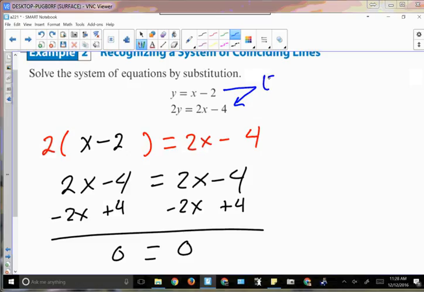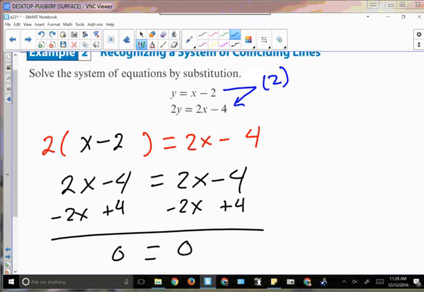Well, if I multiply everything by 2, 2 times y gives me 2y, right? x times 2 gives me 2x. 2 times 2 gives me the 4. So it's a multiple of it. If they're multiples of it, they are going to be exactly the same.